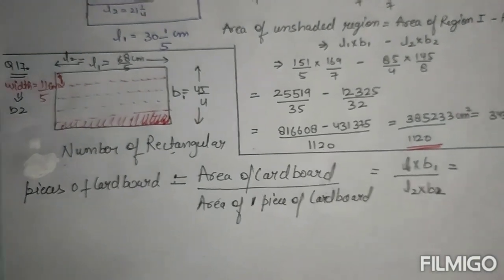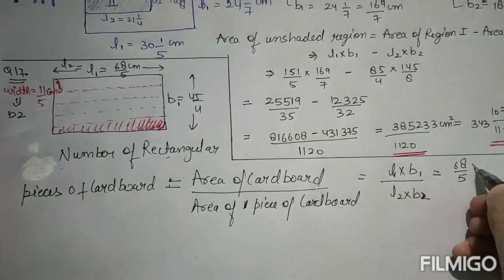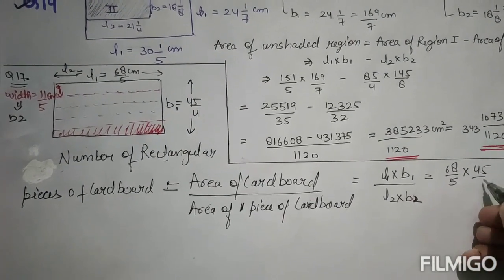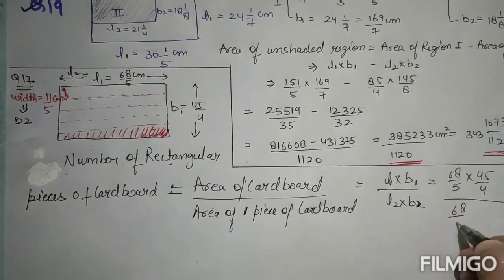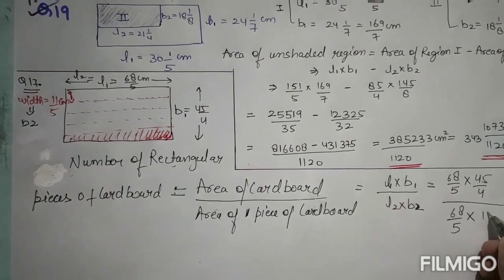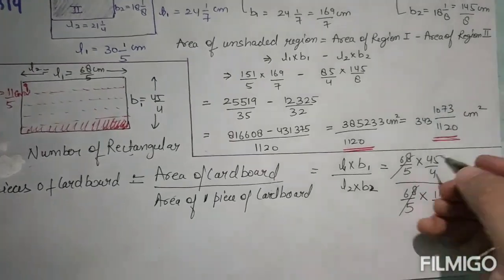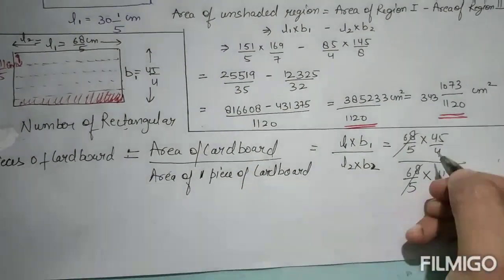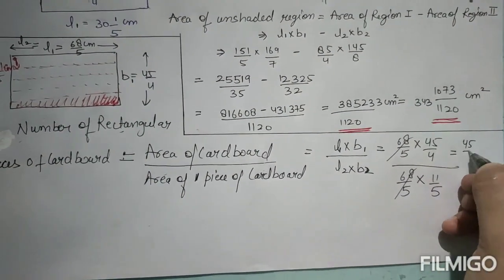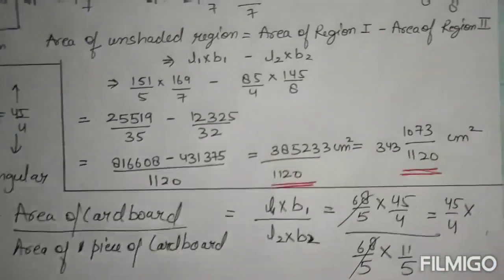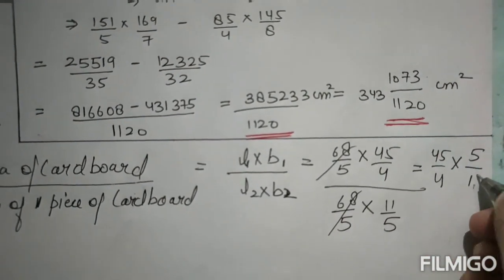Now tell me, what is L1? That is 68 by 5, multiply B1, 45 by 4, divided by L2, that is also 68 by 5, divided by 1 by 5. Now look, these two are the same, so they will be cancelled out. And 45 by 4 multiply, look, this will go upside, so it will become 5 by 11.